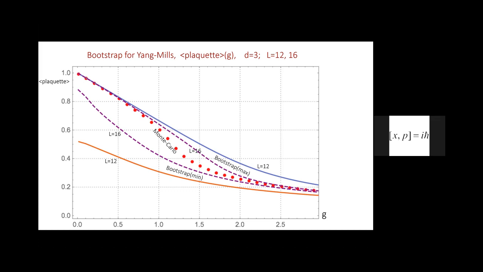We are asking which point is expected to be closest to the exact solution. My answer is that it should minimize some kind of effective action. You can think of the effective action as doing a change of variable in the integration from the matrix elements to the invariant Wilson loops. So the effective action becomes some minus S plus the logarithm of a Jacobian.